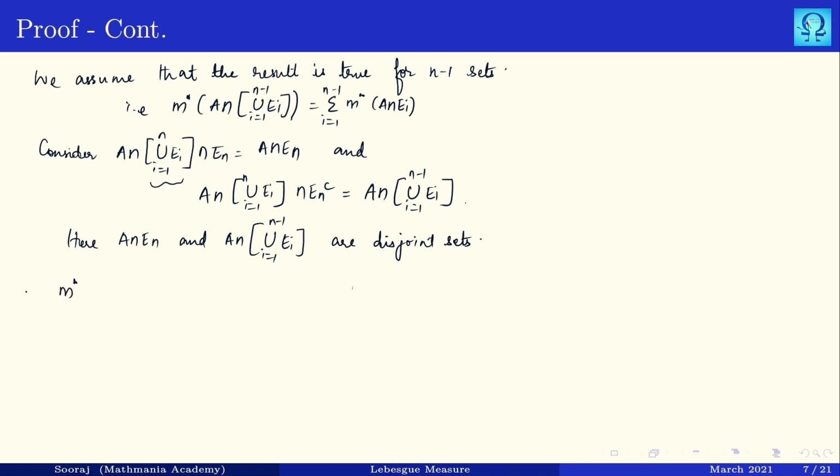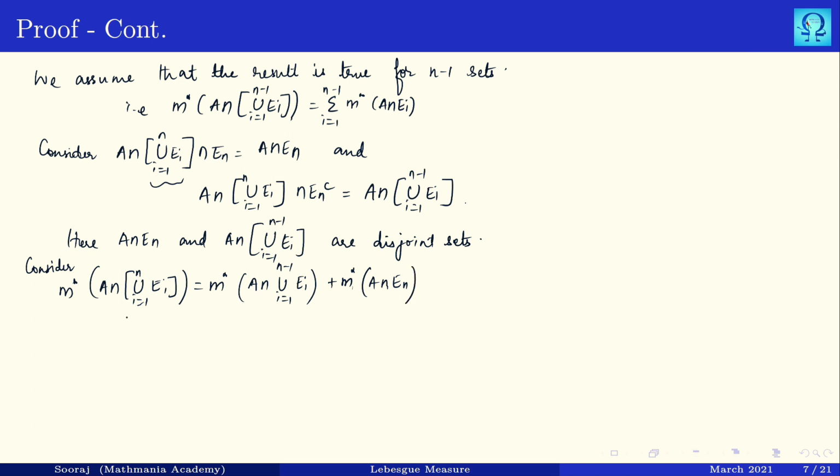That is, consider m star of A intersection union i runs from 1 to n Ei as m star of A intersection union i runs from 1 to n minus 1 Ei plus m star of A intersection En. Why is it so?